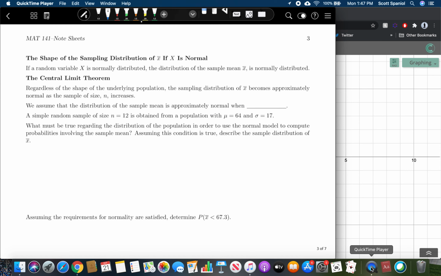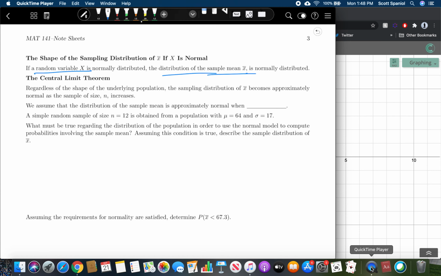So there's a couple of things to keep in mind here. First of all, if a random variable x is normally distributed, the distribution of the sample mean x bar is normally distributed. Okay, so if your random variable is normal, so is the distribution of your sample mean. So if your data is normal to begin with, then you don't have to worry about anything.